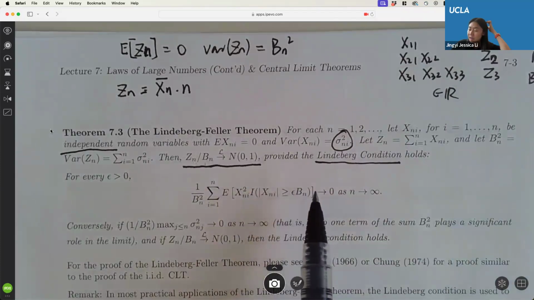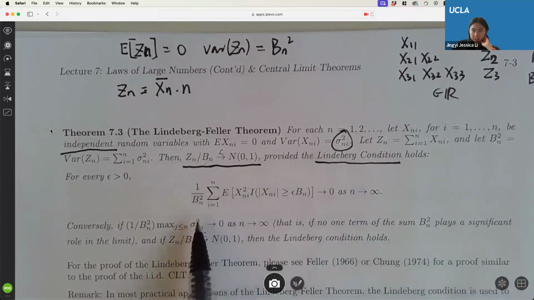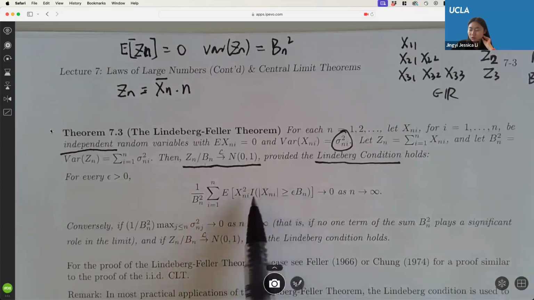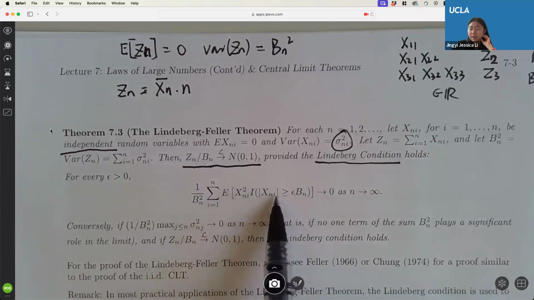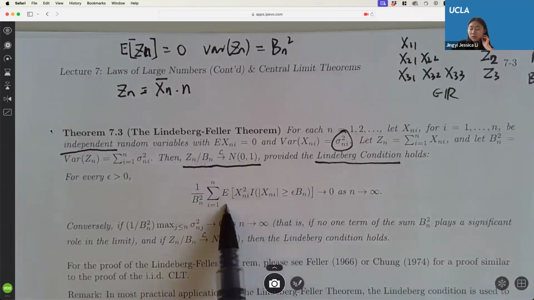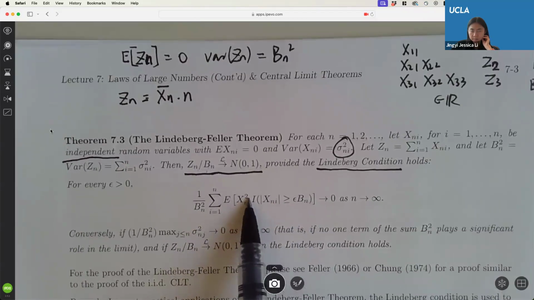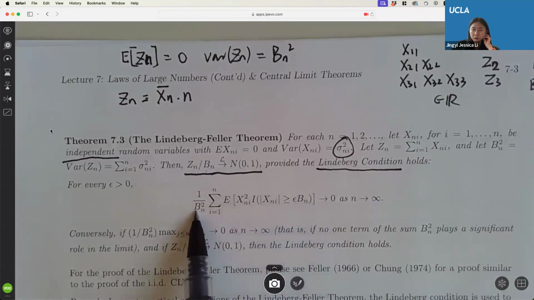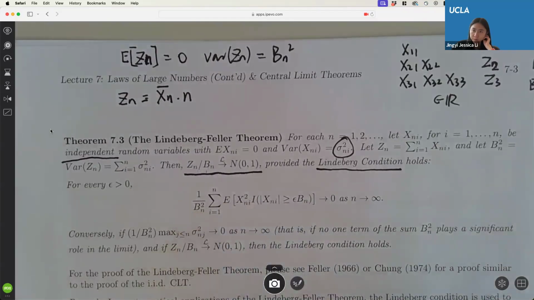We take that and we divide this by the variance, Bn squared. So essentially, we want to say that the contribution of the large values of X_ni to this sum of X_ni squared is negligible given the total variance. That's basically what we mean.